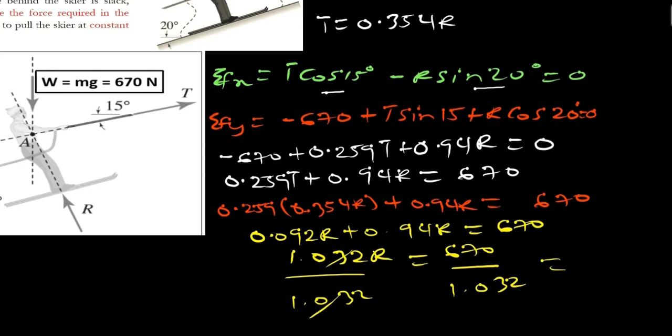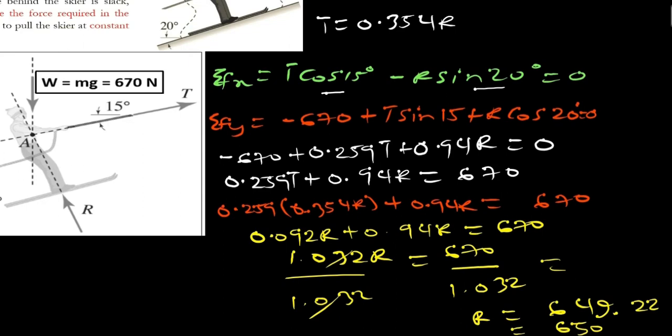So this gives me R to be equal to 649.22, so let me make this 650 newton. That's the value of R. But we've been asked to find out the force in the tow rope, which is the tension. That's the main focus here.